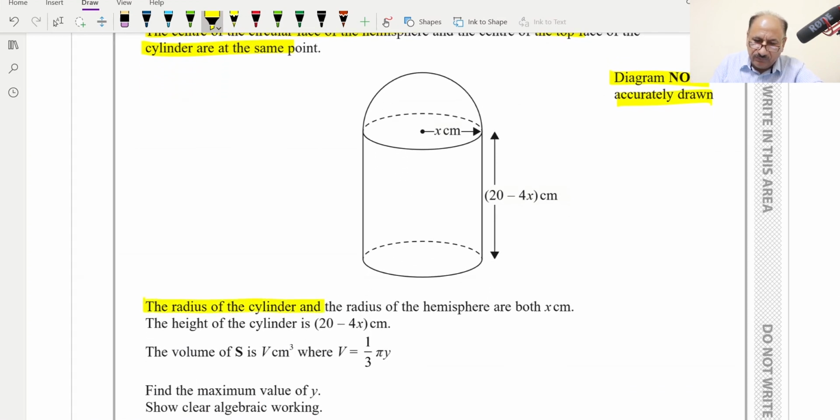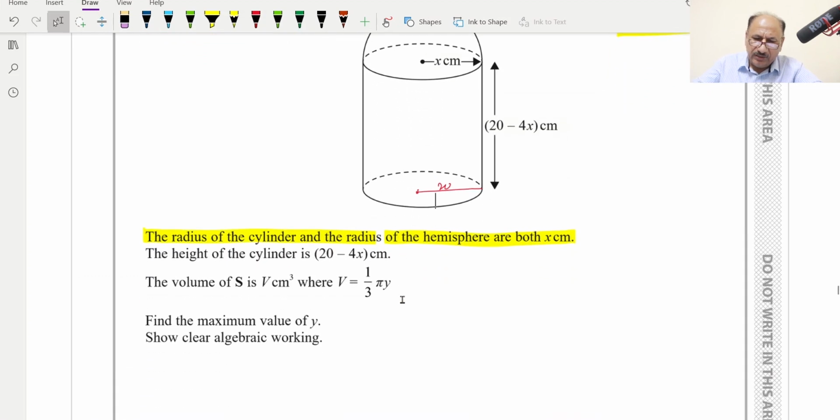Then the radius of the cylinder and the radius of hemisphere are both x centimeters, so it means this one is also x centimeters. The height of the cylinder is this one, which is provided, and volume is V centimeter cube, where V is equal to 1 by 3 pi y. Find the maximum value of y. Show clear your algebraic working also.